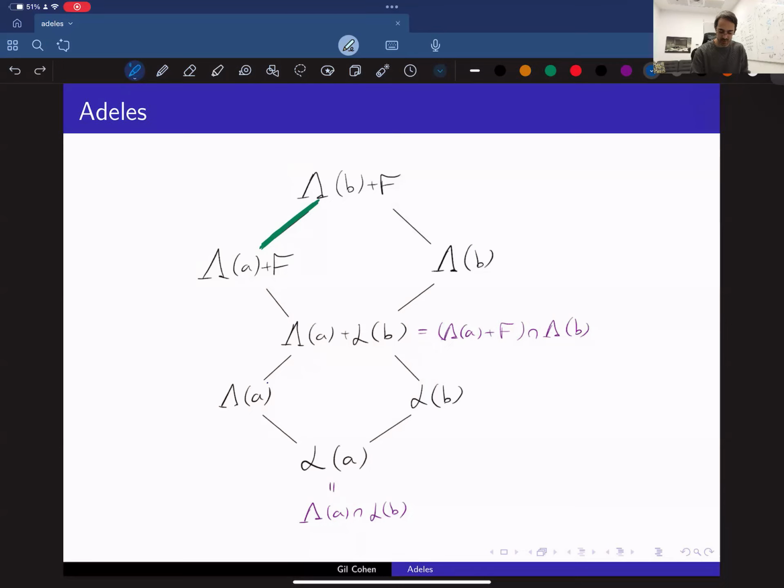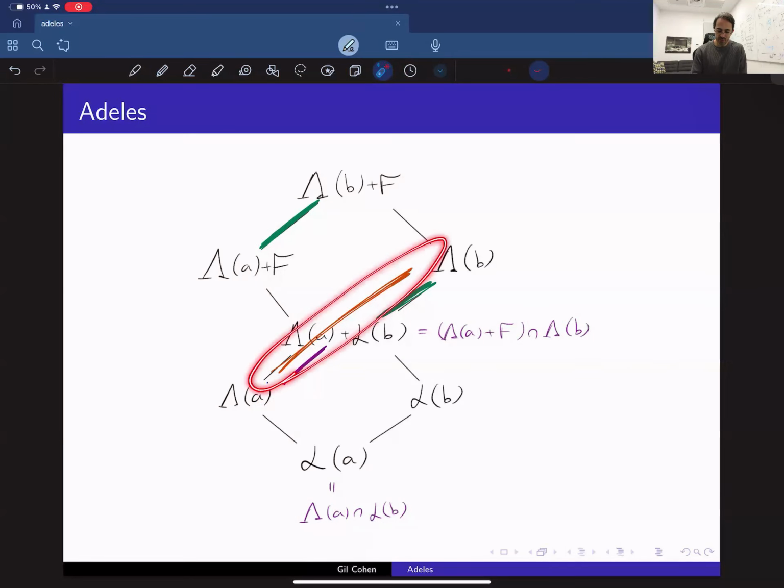Actually, maybe by the second isomorphism theorem, it is equal to that one, which is a weird creature that we never looked at. But by the third isomorphism theorem, we know that this is isomorphic to this or that. Right, so the third isomorphism theorem tells you that the dimension of this thing is the dimension of that thing over the dimension of that lower block.